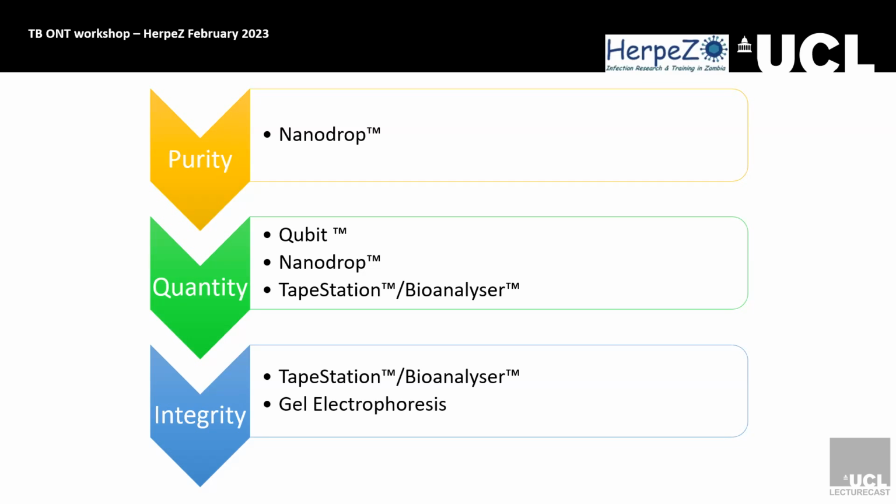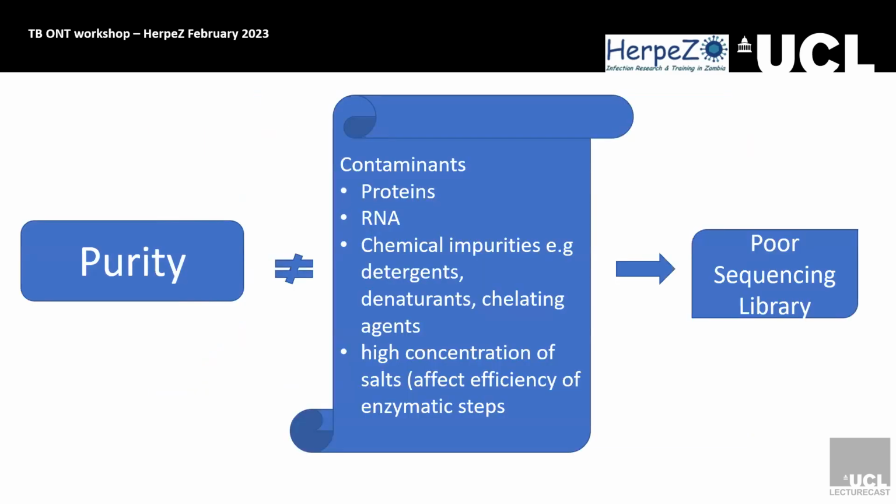So when assessing for purity, obviously we don't want any contaminants that may affect our sequencing run, because in the flow cell we have enzymes, basically protein.